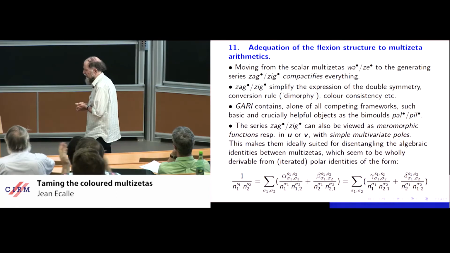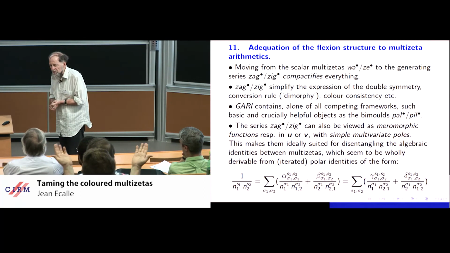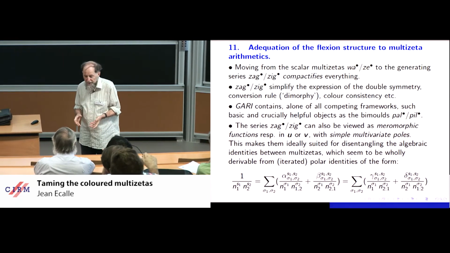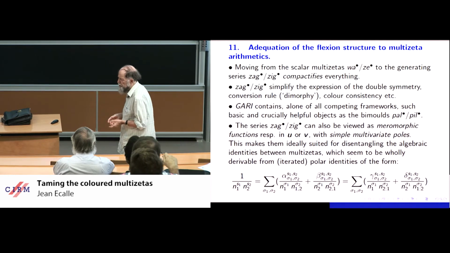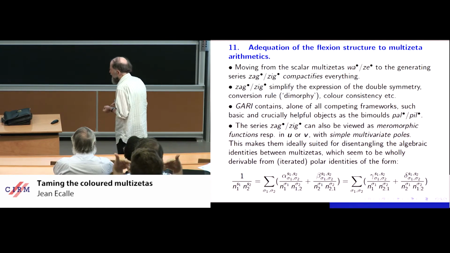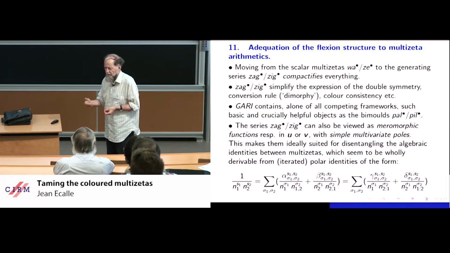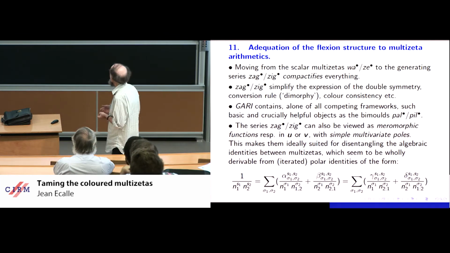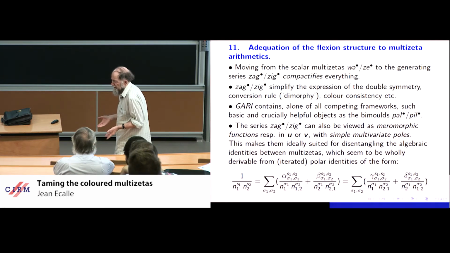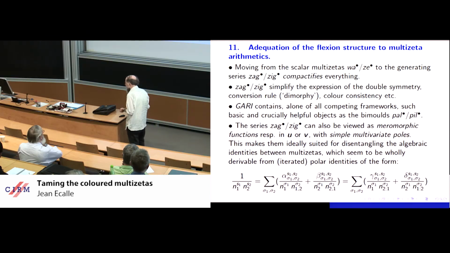In this framework, you can introduce poles at the origin, objects which will prove absolutely essential in the sequel, but which cannot be defined or even made sense of in any of the competing frameworks.